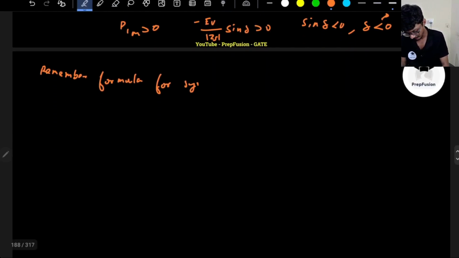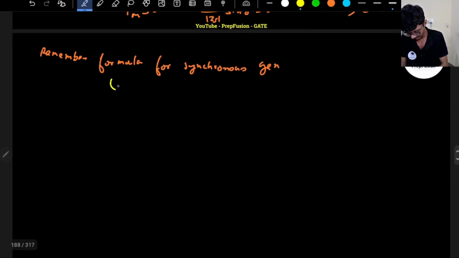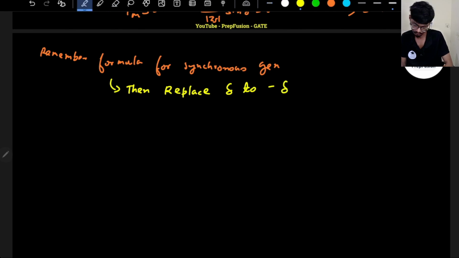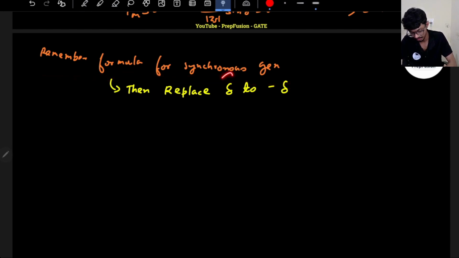For the synchronous generator, and then replace delta to minus delta.